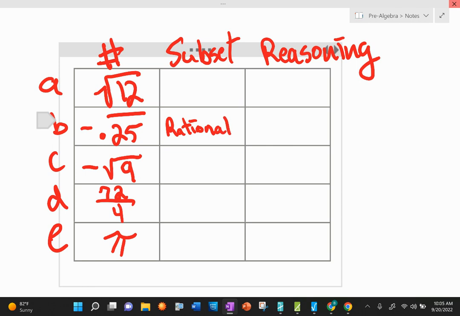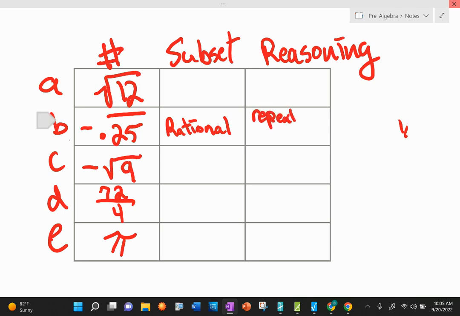As long as you know what it is, I don't care. Your reasoning is that it is a repeating decimal, and repeating decimals are rational. Fill out the rest of that table. I'll give you about 3 minutes. You should not need 3 minutes.